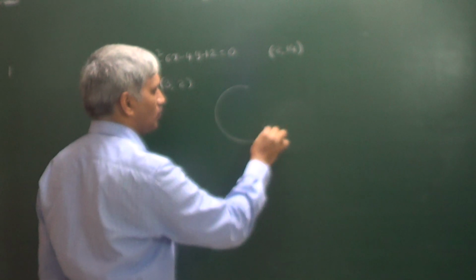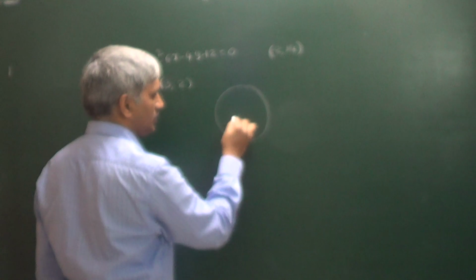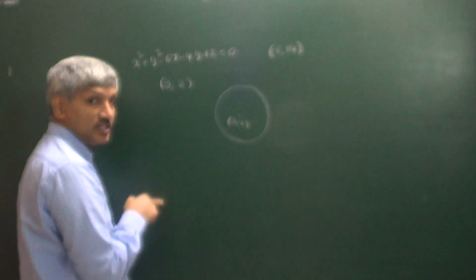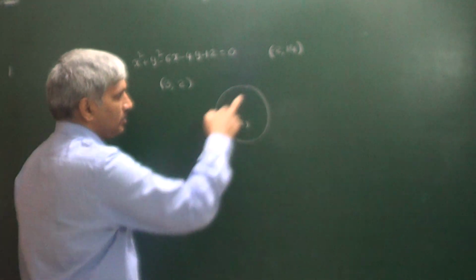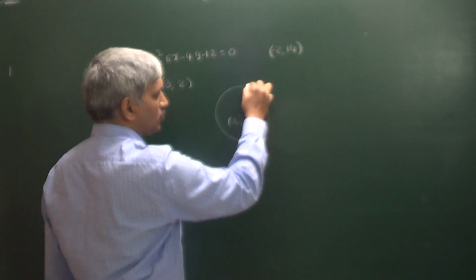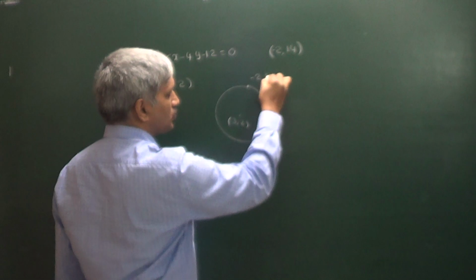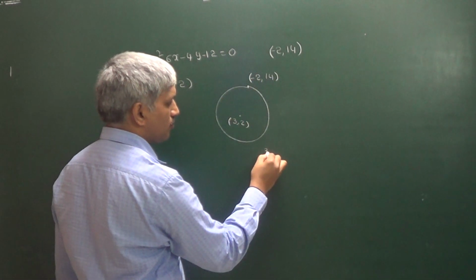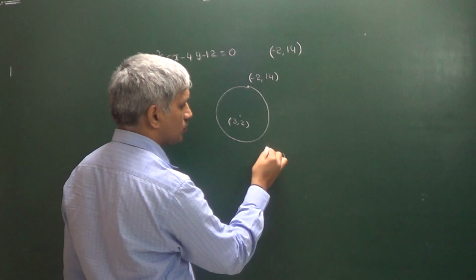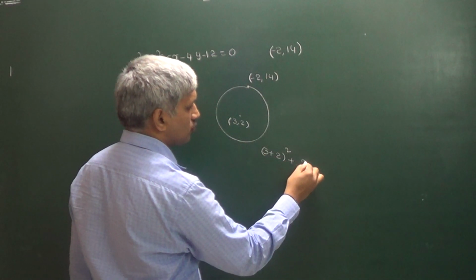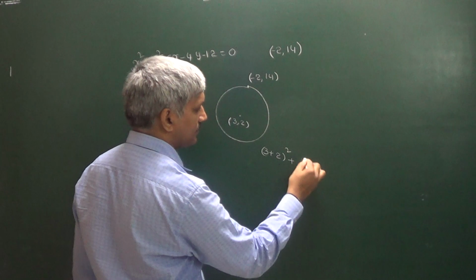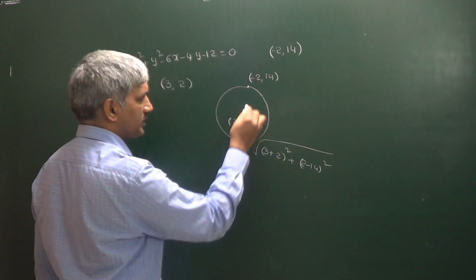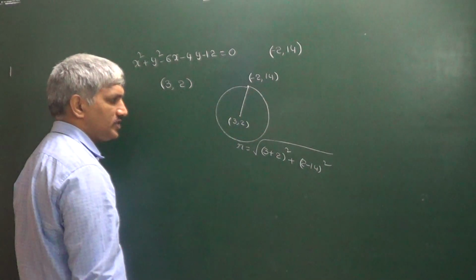The problem is almost over. The center of the circle is 3 comma 2 because it is concentric with this circle. It passes through the point minus 2 comma 14. Now the distance between these two points, that is, under root of 3 plus 2 whole square plus 2 minus 14 whole square, is nothing but the radius.